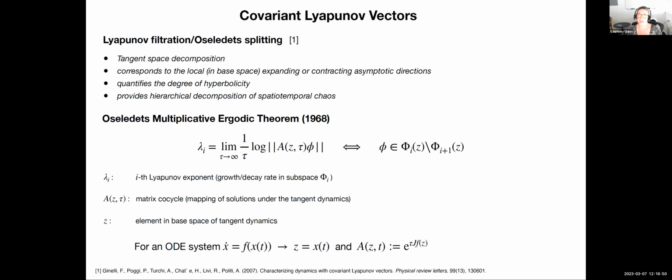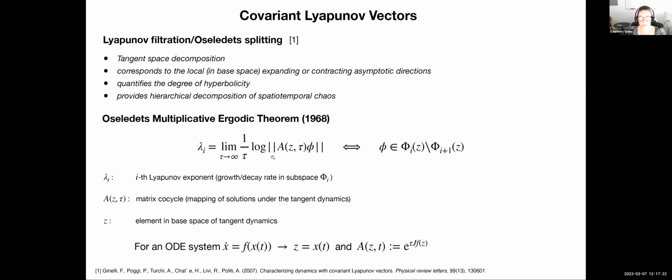Okay, and this is all related through Oseledets' multiplicative ergodic theorem, which is where you get these lovely Lyapunov exponents that maybe we're all a bit more familiar with, right? So our ith Lyapunov exponent is related to the asymptotic growth or decay rate in that ith subspace. Your first Lyapunov exponent will be related to your first subspace, right?